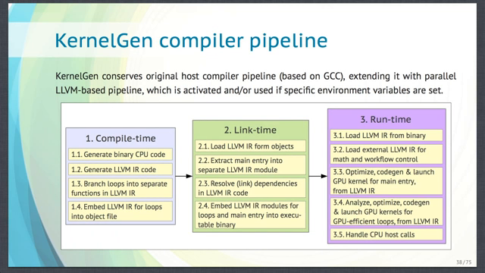Some words about compiler pipeline. So again, we are a full compiler, not source-to-source compiler. For this reason, we have all stages in complete state: compile time, link time, and runtime.